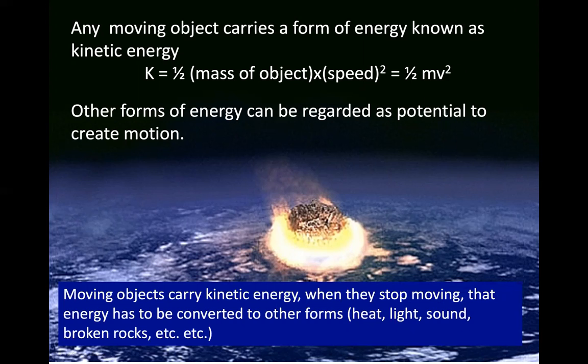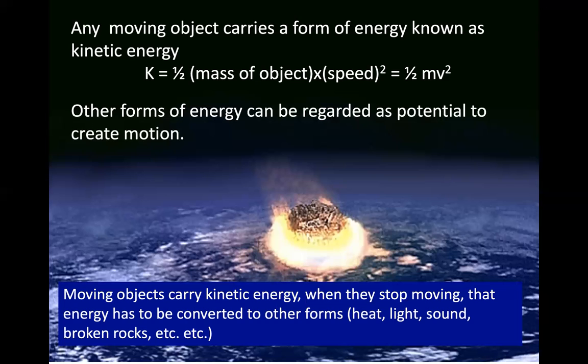That is the actual numerical value of the energy carried by something moving. Now, when an object hits something else, that energy has to go into other forms. That can be in the form of sound, heat, light, breaking things, etc.